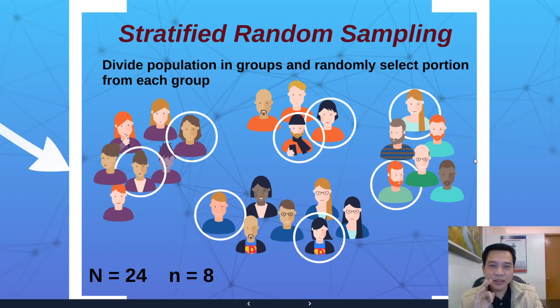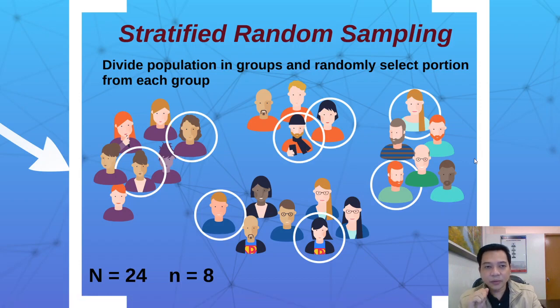Now, the third type of probability sampling is what we call stratified random sampling. This is simply dividing the population into groups and randomly selecting portions from each of the groups. So when you say stratified, let's say I'll try to divide you according to the color of your shirt.